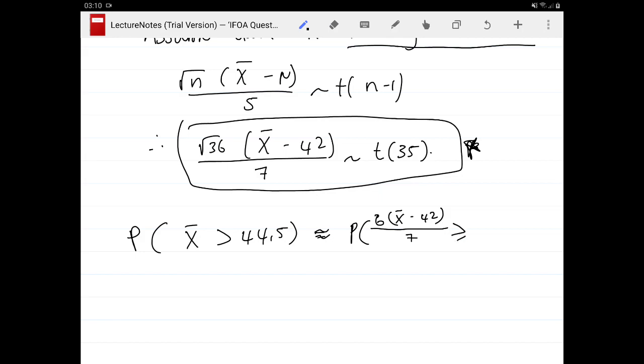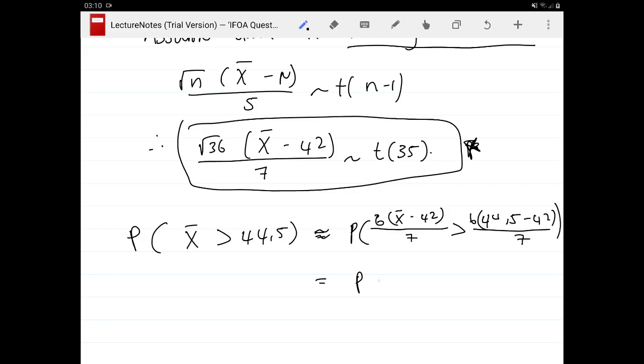That should be greater than, and we do the same thing to the 44.5. So we'll get 44.5 minus 42 multiplied by 6 over 7.